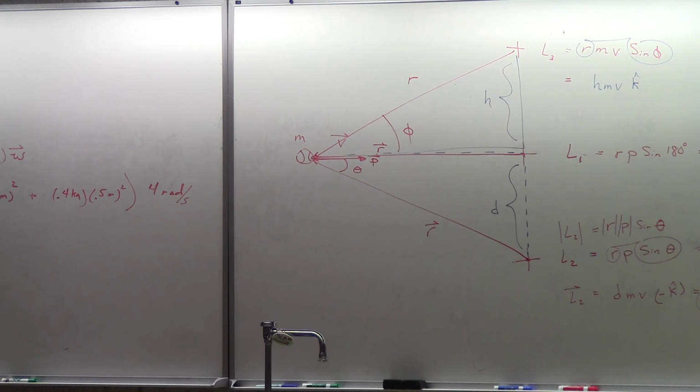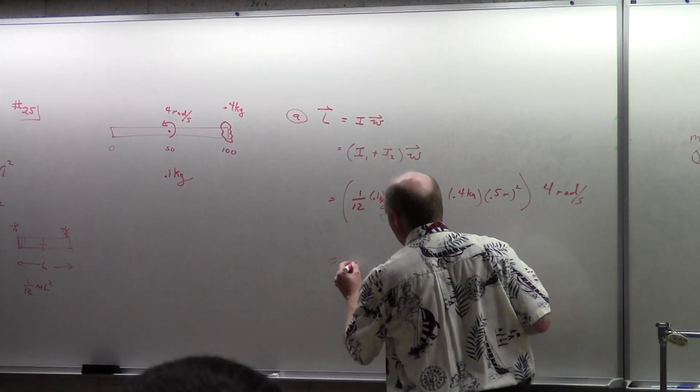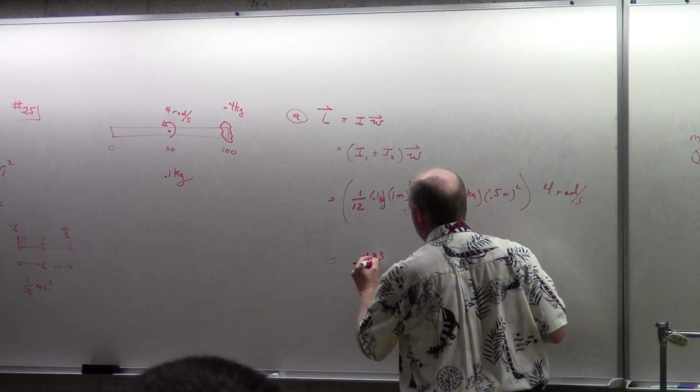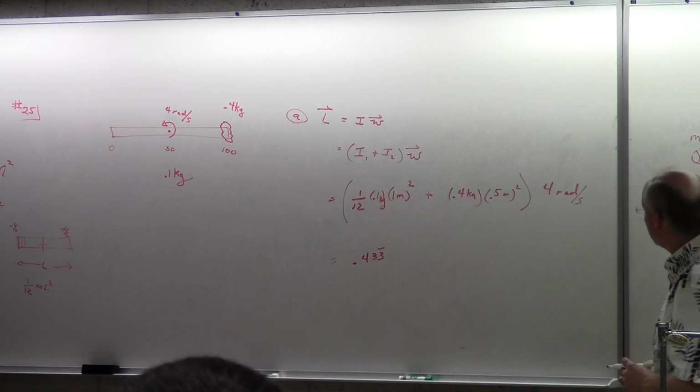All right, so putting in my numbers, I got 1/12 times 0.1 times 1 squared, added to 0.4 times 0.5 squared, and that is 1/12 of... times the 4, making about 4/3 repeating, so 0.4333 repeating forever is my first example of a calculation of angular momentum.